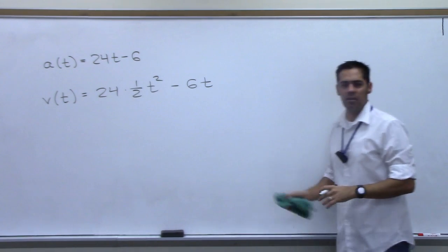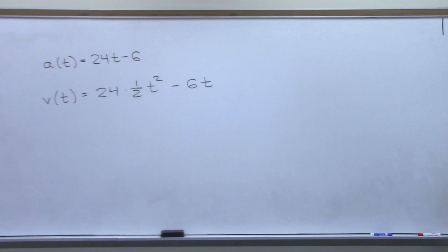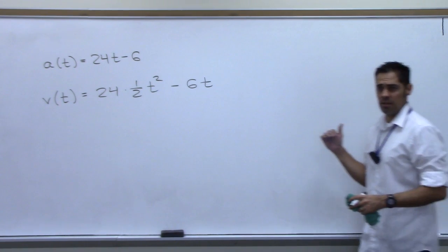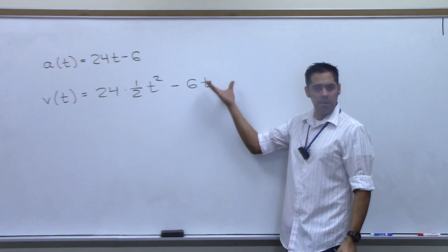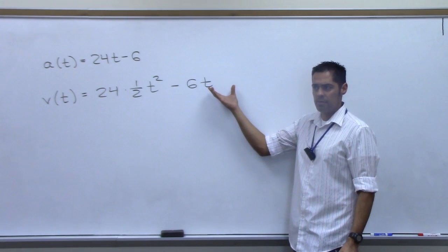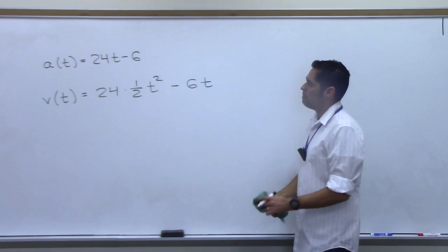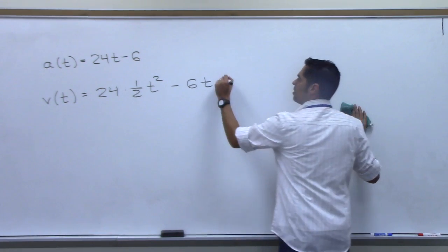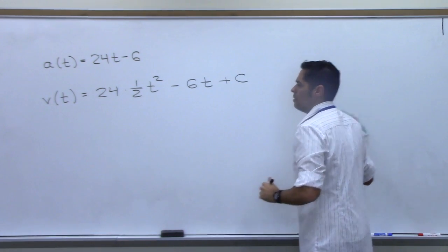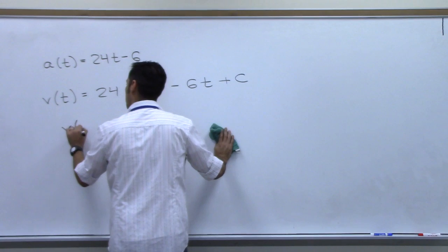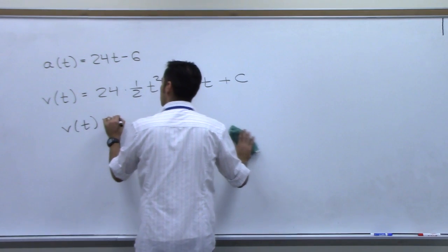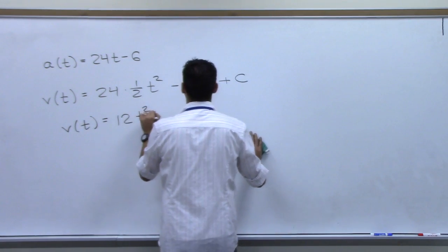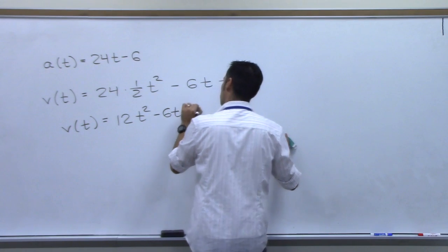In Cal 1, we were like derivative constant 0, derivative constant 0. But in Cal 2, the antiderivative of a constant, the variable just appears, doesn't it? That's what happens. And then plus c. So the velocity at time t is 12t squared minus 6t plus c.